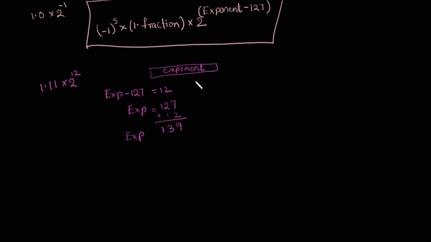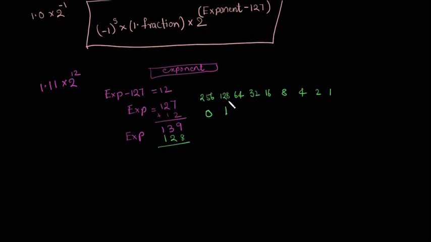What is 139? Let's write the weights and check what 139 is. 1, 2, 4, 8, 16, 32, 64, 128, 256. 139 is smaller than 256, so let us put a 0 here. 128, what is the remaining here?